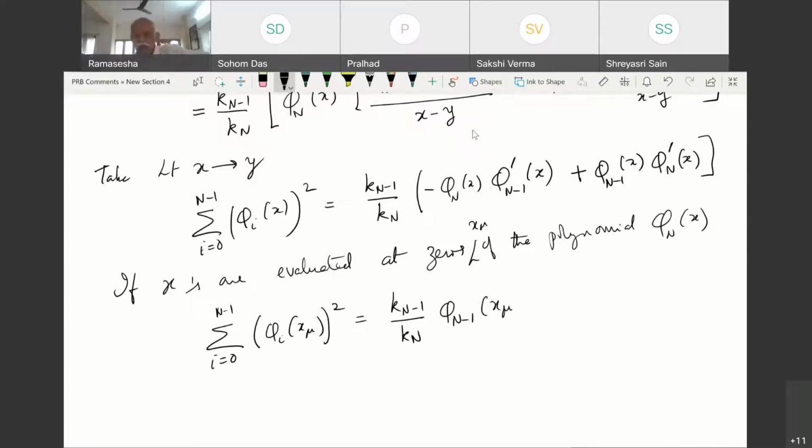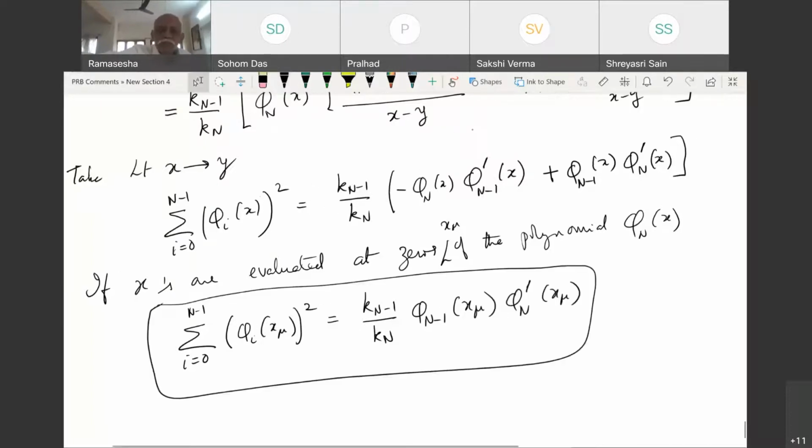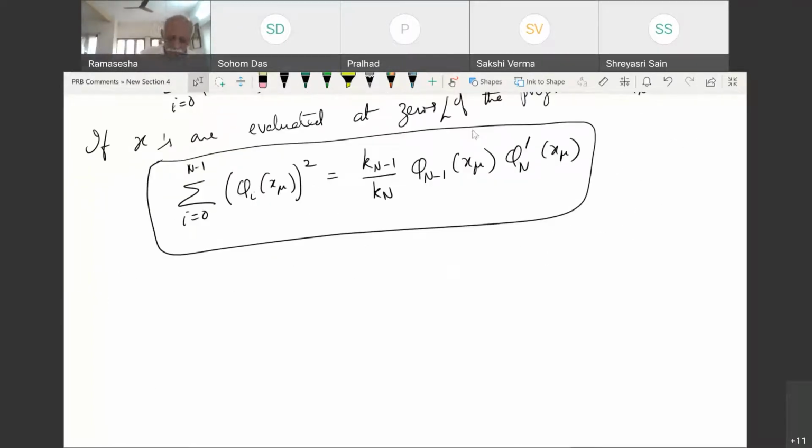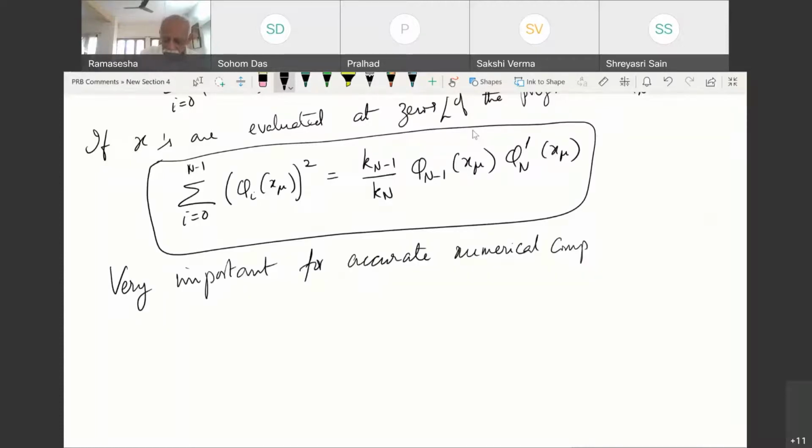This is very important in what is called Gauss quadrature for accurate numerical evaluation of integrals.